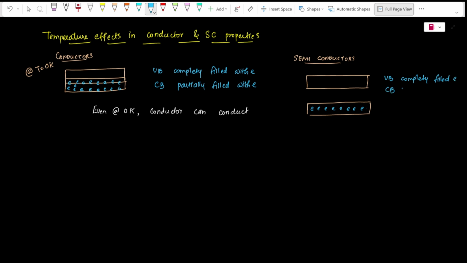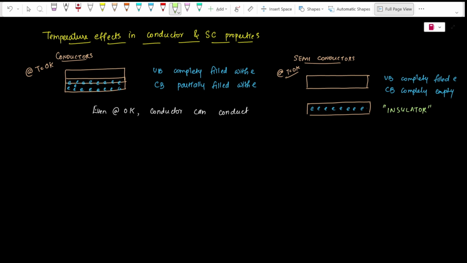This is the case at T equal to 0 Kelvin again. Since there are no electrons in my conduction band, it's not able to conduct. So it behaves like an insulator. A semiconductor behaves like an insulator at 0 Kelvin.